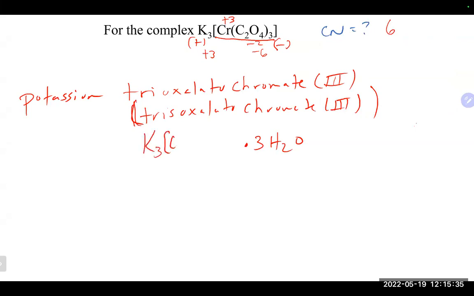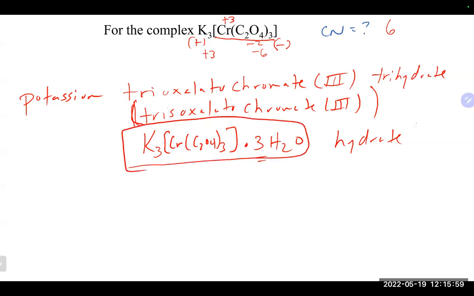So the only difference would be we would roll with the same name. When you have a dot and water, that makes it a hydrate, right? And there's 3 waters, so you would just add at the end of this trihydrate, right? If you did have this one, which I think was what was on your handout there. Any questions on that there?